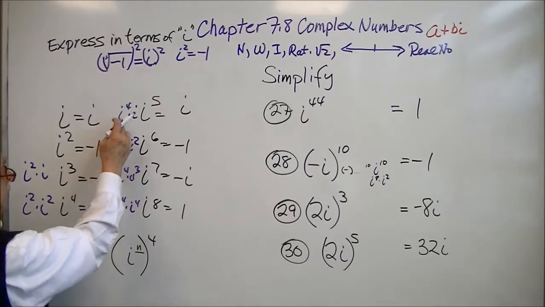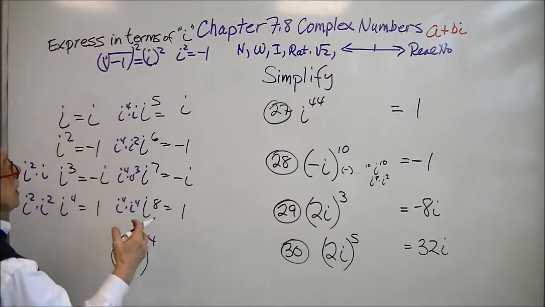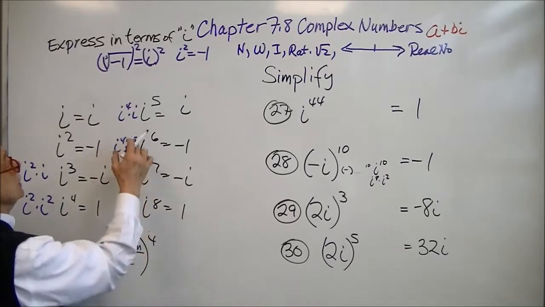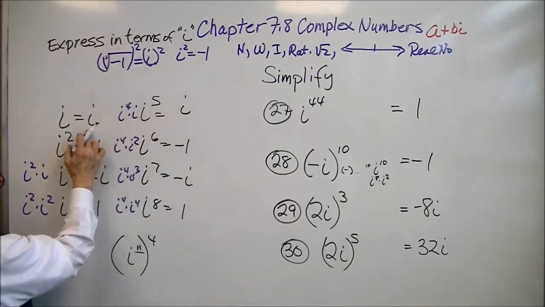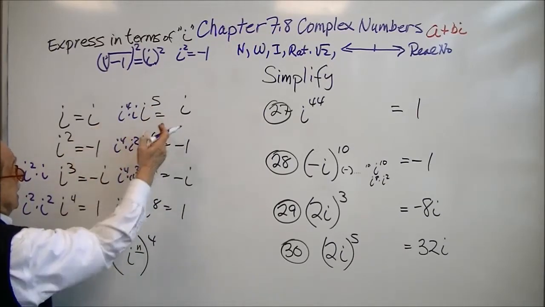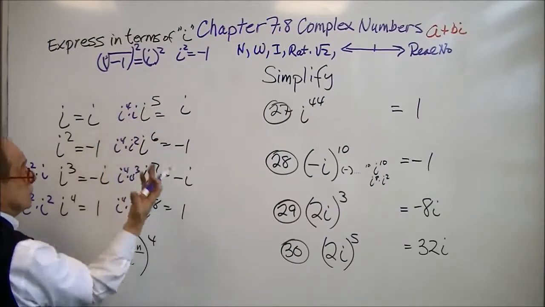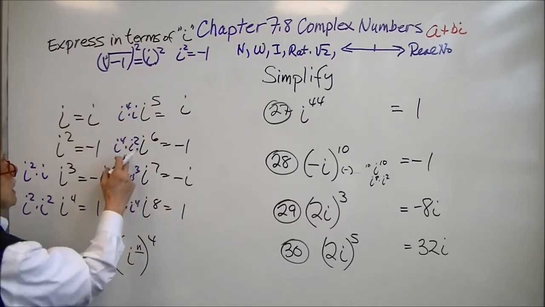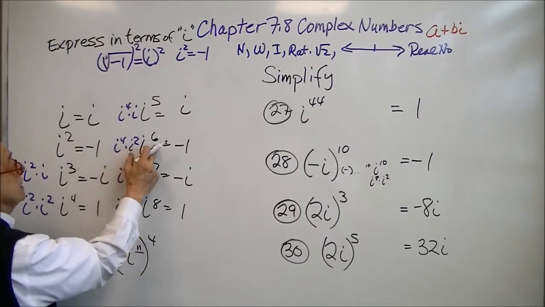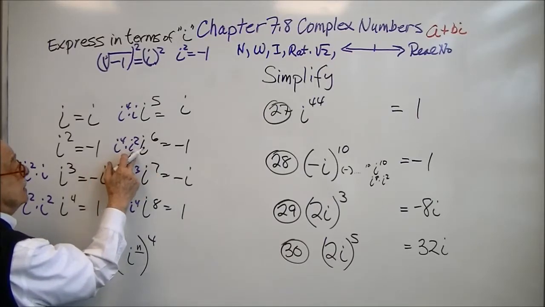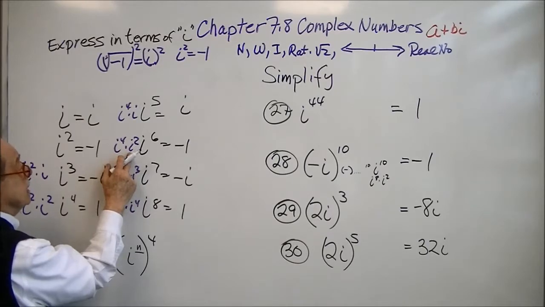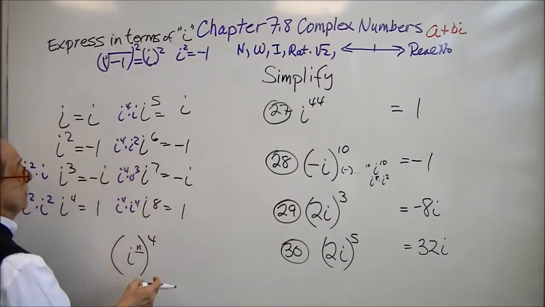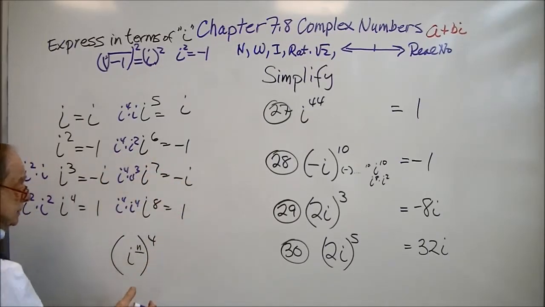So in a sense, all of these i to the fourths are 1. So when you get to i to the fifth, that just equals i, because i to the fourth is 1. And then i to the sixth is i to the fourth times i to the second. This is 1, this is a negative 1, so negative 1. And so on and so forth.